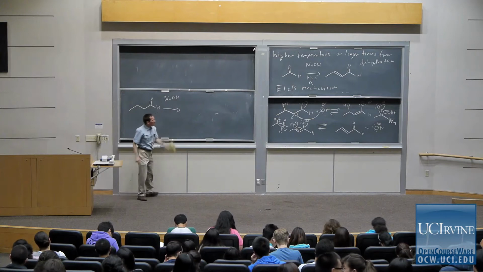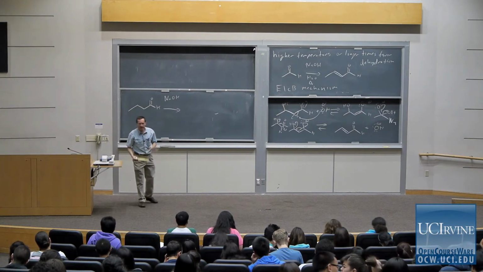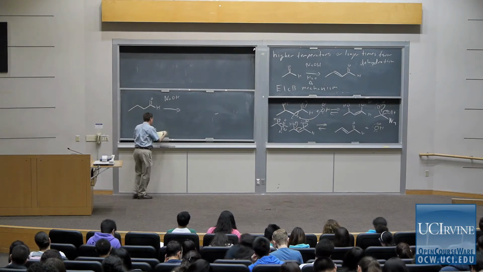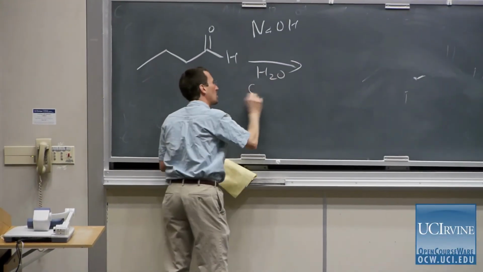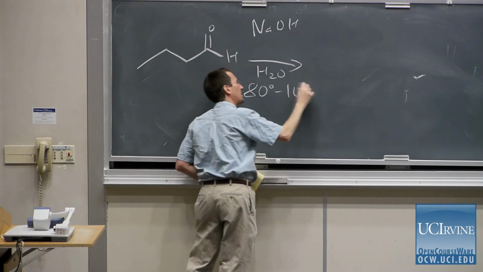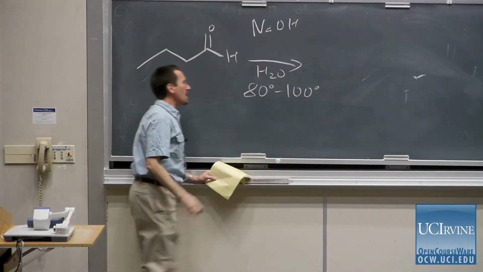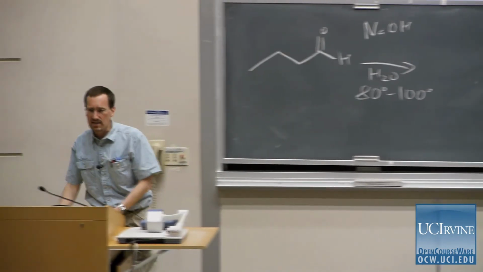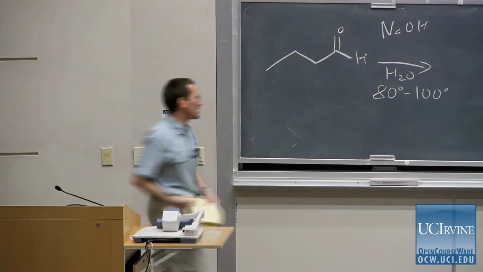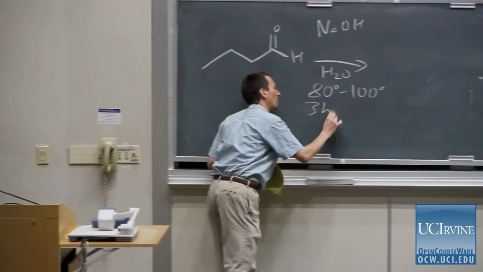The acetaldehyde example, in the end, because of some reactivity, isn't the best example as far as yield and principles of reaction go, but I want to give you a very specific example. Let's take butyraldehyde, sodium hydroxide at 80 to 100 degrees Celsius, and this is a real example from the laboratory.